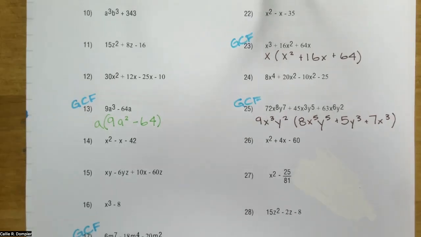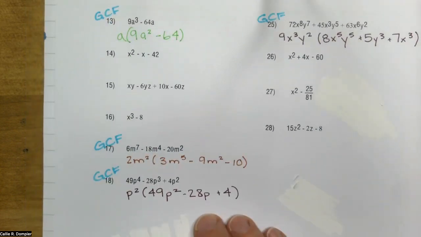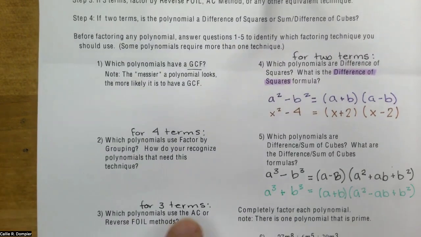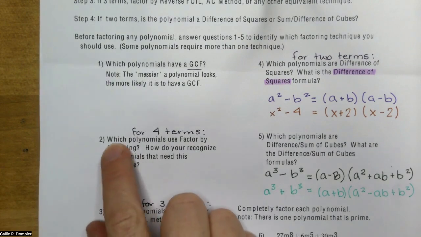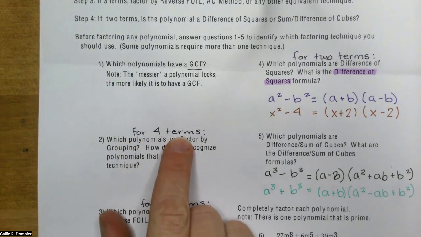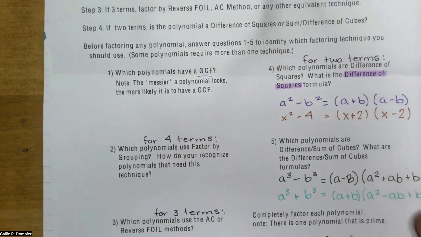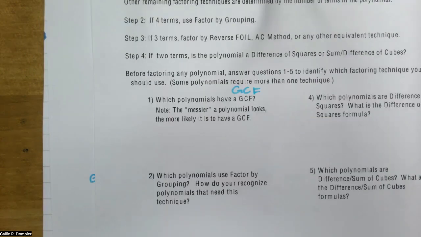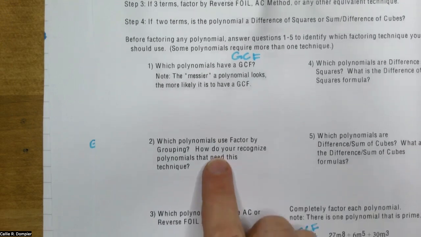All right, so I have written down the greatest common factors that we factored out for all of the questions. Now we're going to look at part 2.